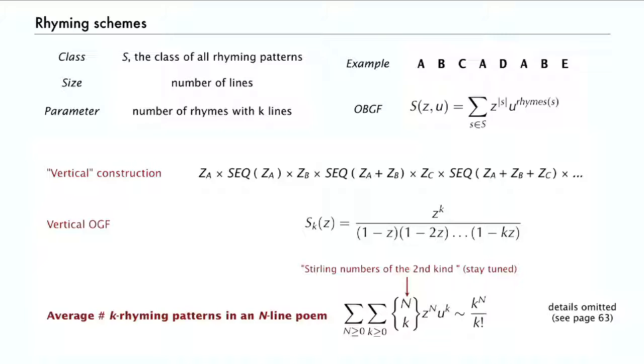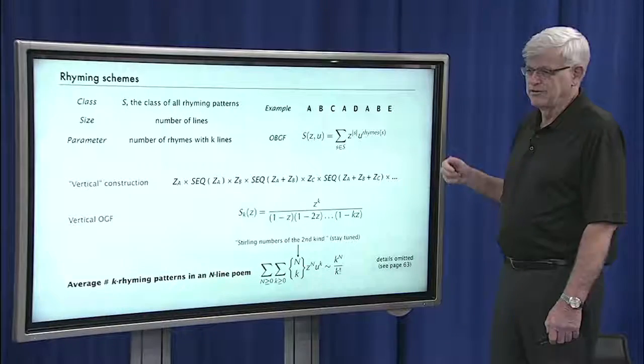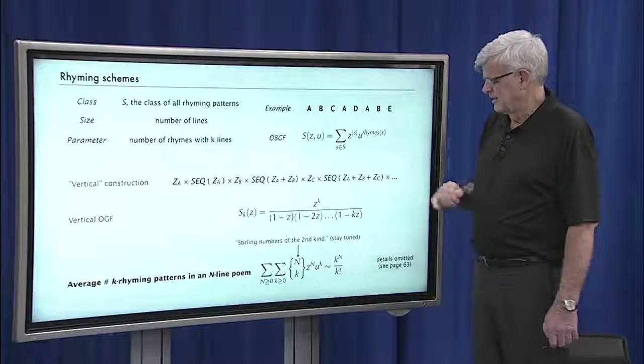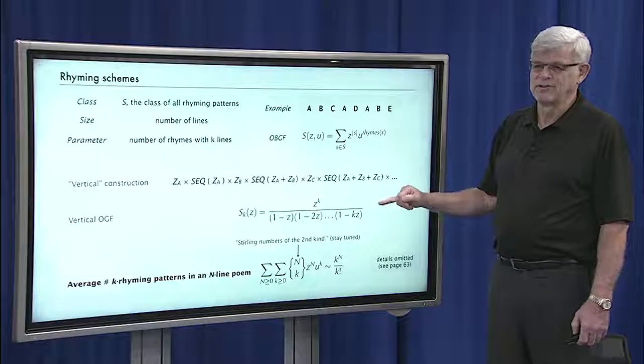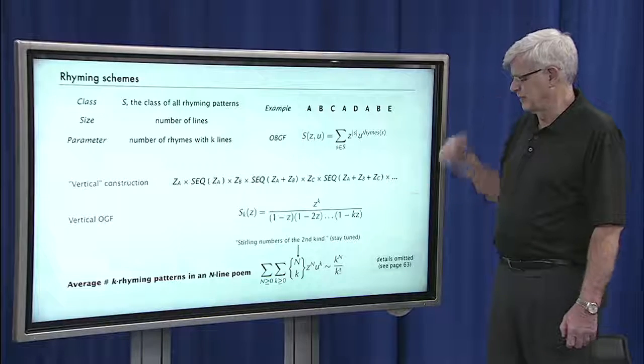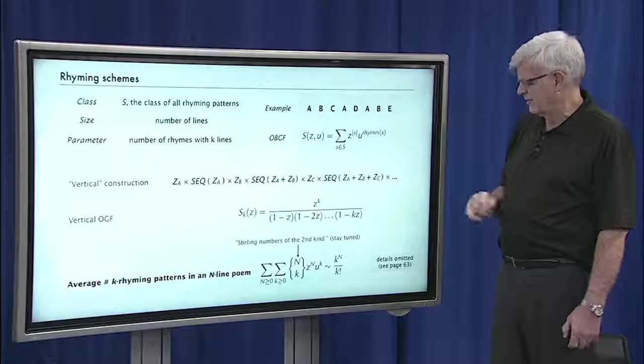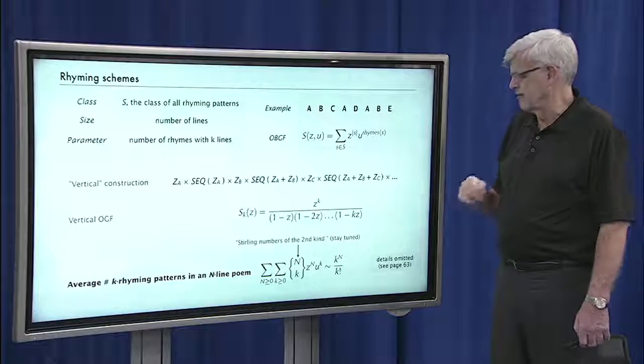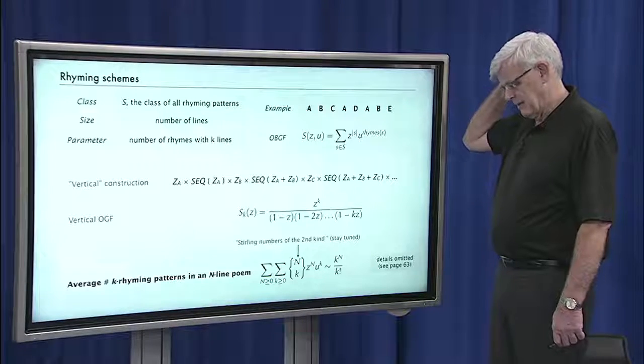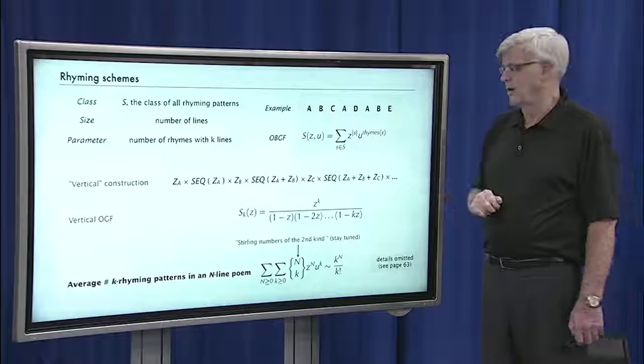And actually this turns out to be numbers that are well known in combinatorics and appear in many, many other applications that we're not going to have time really to talk much about, although we'll see them again, and you can certainly read about them in the book. These are called the Stirling numbers of the second kind, and we'll see them again in another application in this lecture. Turns out about k to the n over k factorial n-line poems have k rhymes.